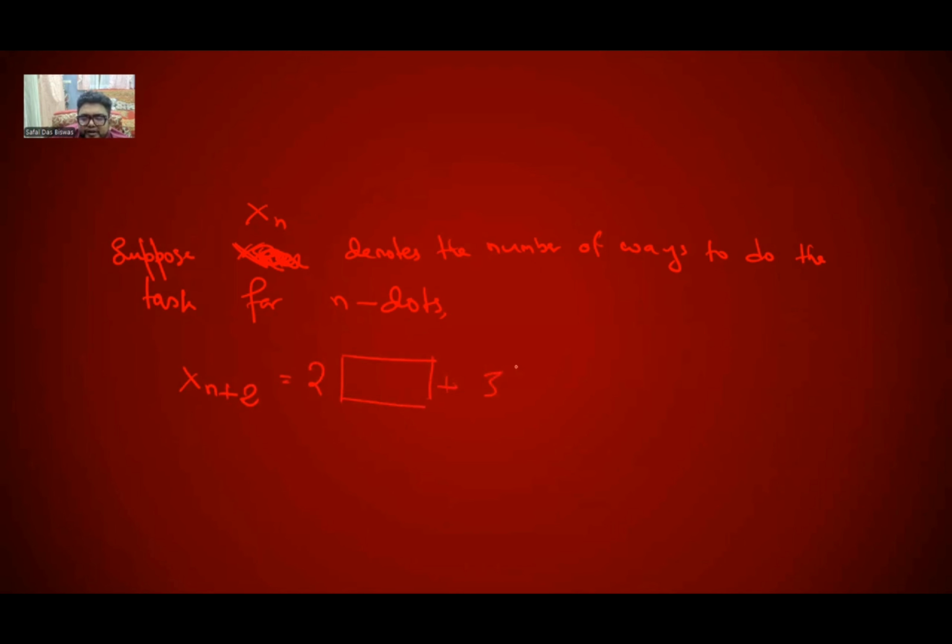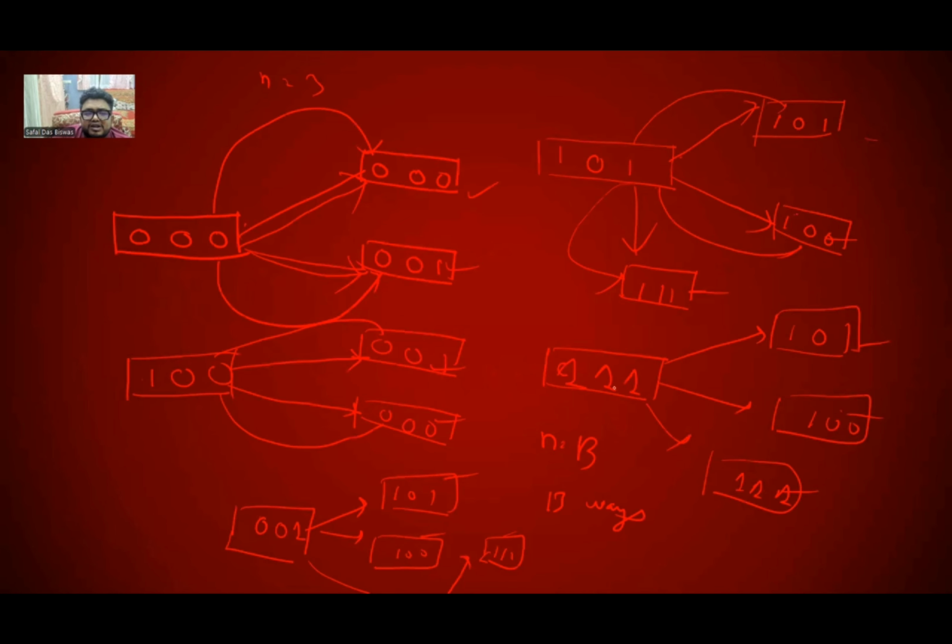Why 2 into something and 3 into something? Because you can see that in this case, if it ends with 0 there are 2 branches getting out, and if it ends with 3 there are 3 branches getting out, and these 3 branches are all the same, and these 2 branches are all the same.